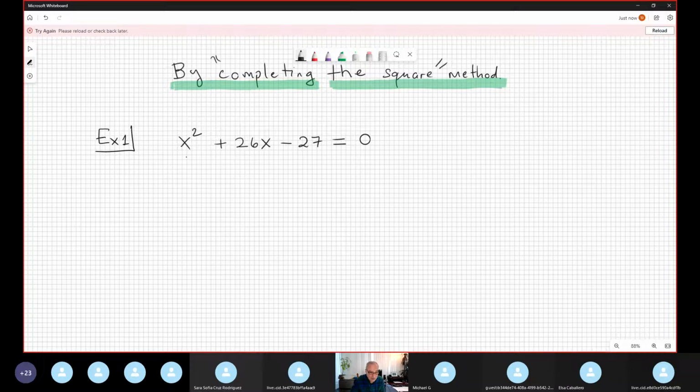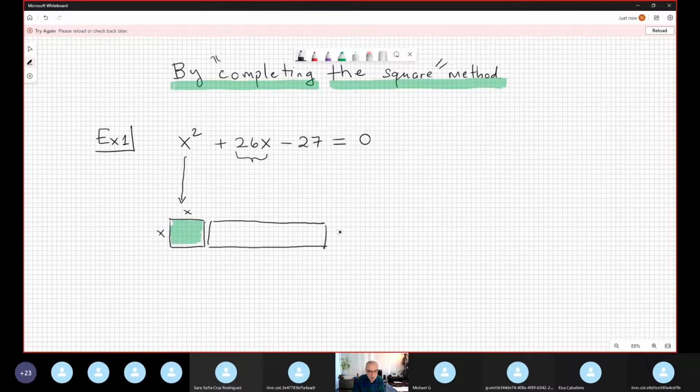So mathematicians believed that x squared looks like a square, like that. The side is x by x, and the area in between is x squared. Makes sense, right? Basic geometry. Now, to continue with the second term, 26. You split 26, you divide by 2, because you can interpret it as a rectangle like that.